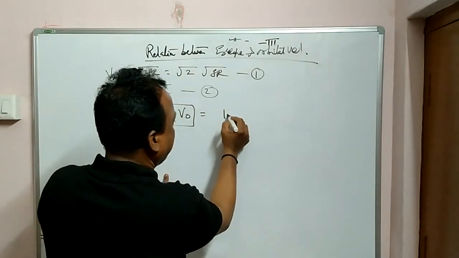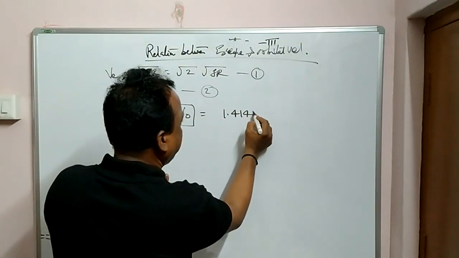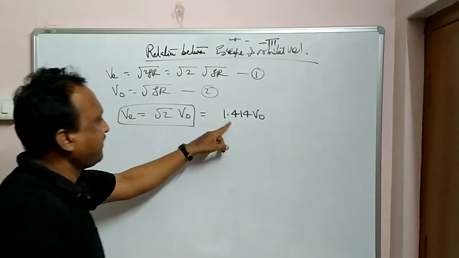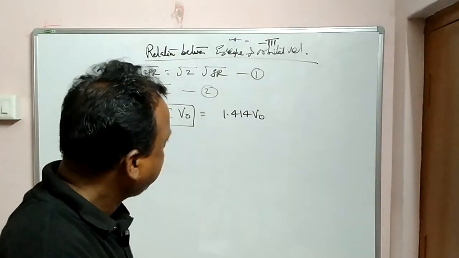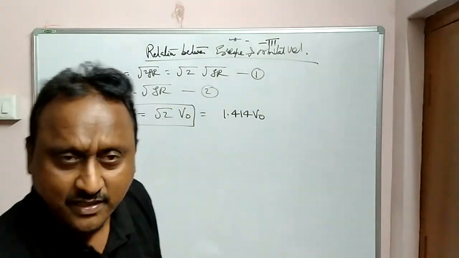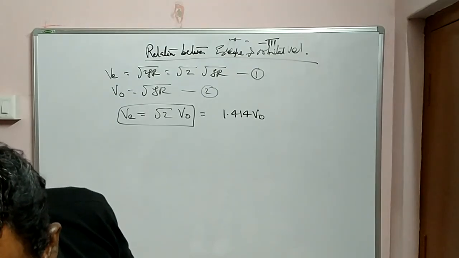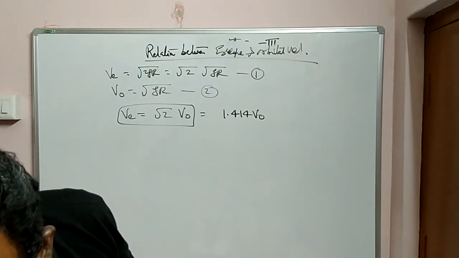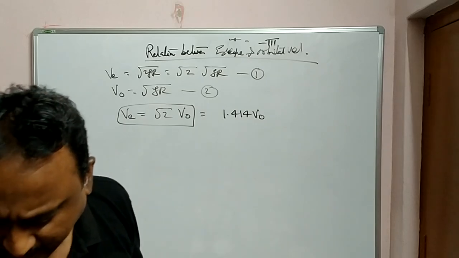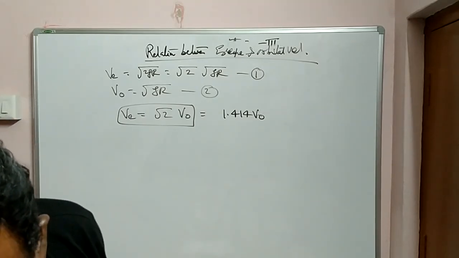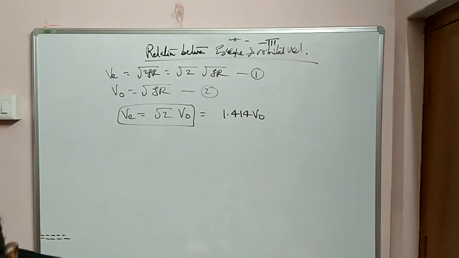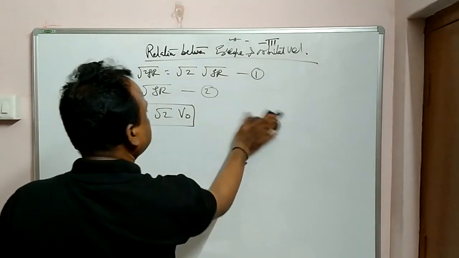Sometimes in books it is written as 1.414 into v0, because root 2 value is 1.414. So this is the examination question: what is the relation between orbital velocity and escape velocity? Clear? Let us go to the next item.